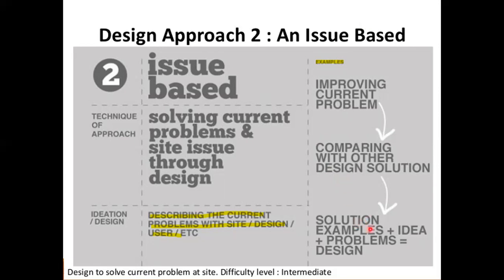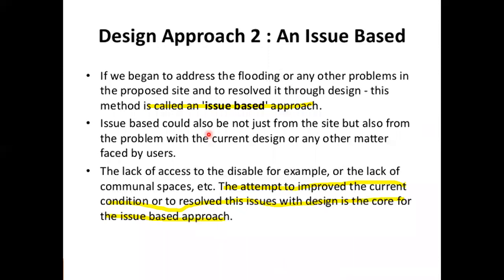Then the solution uses examples, previous case studies, and ideas that will help to cope with the problem, and we get the ultimate design solution. This type of approach is mostly used by an intermediate level designer. So if we begin by addressing the flooding to resolve the issue, we can say it's an issue-based approach.